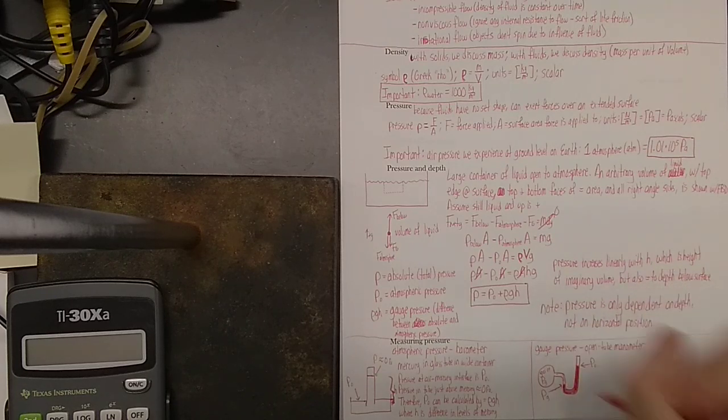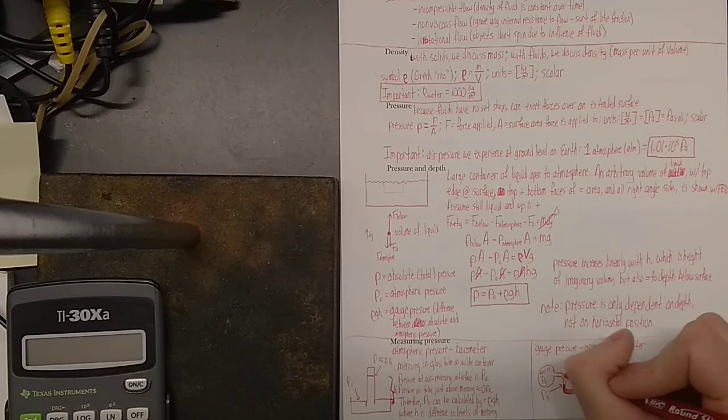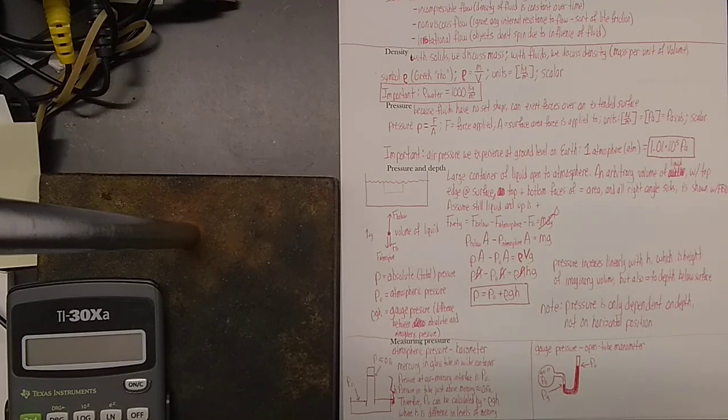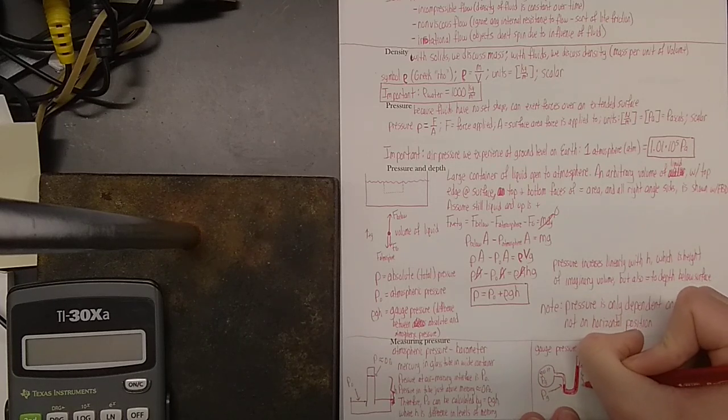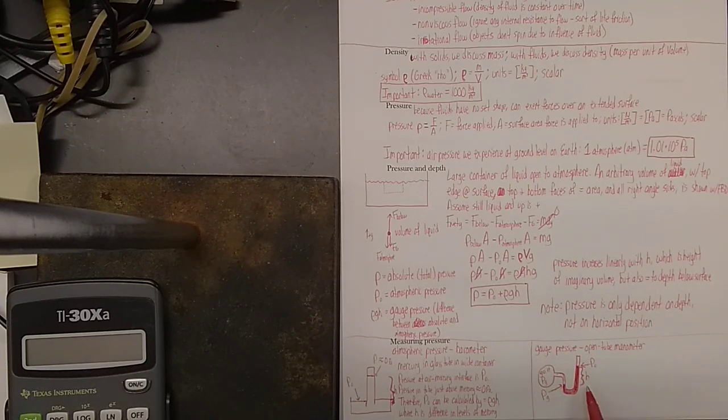Again, we have an interface, basically the meeting point between where the gas is and where this liquid is. So again, we focus on this height h, which is the difference in height between the PG level and the P0 level.